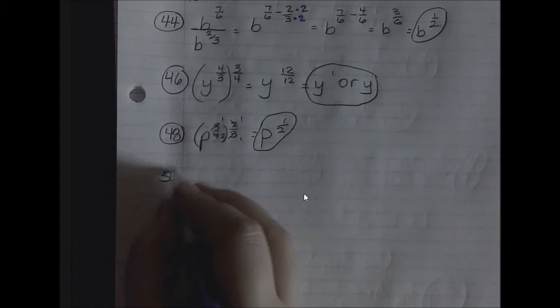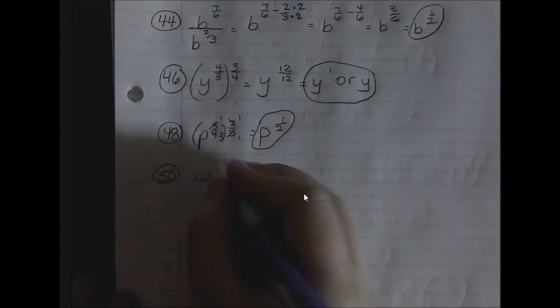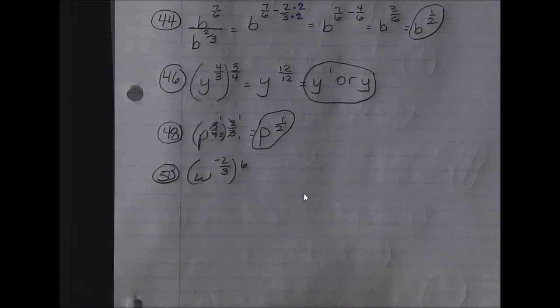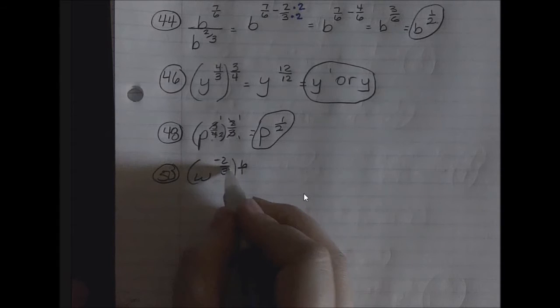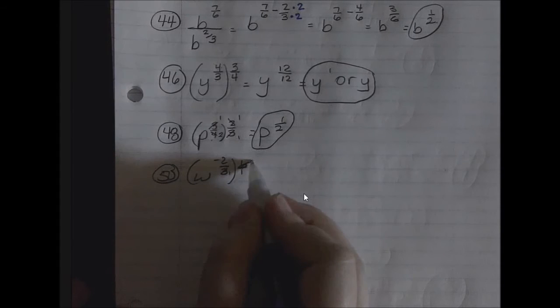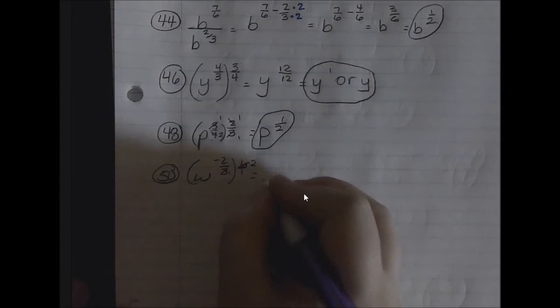Now for number 50, I've got w to the negative 2/3, all to the 6th power. Now, whenever you're working with fractions, I recommend making everything a fraction. So making that 6 over 1, that way you can see what your numerator and denominator are. So I can simplify that 3 and 6 to be a 1 and a 2, which gives me w to the negative 4.